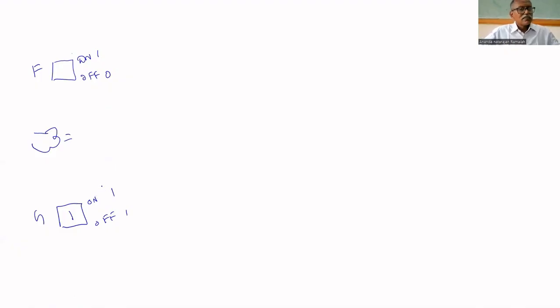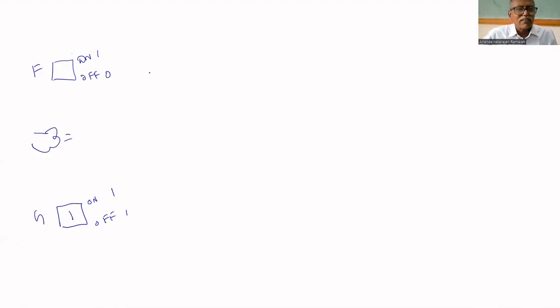Am I correct or not? Here it is in the off state, here it is in the on state, that's why the lamp is glowing. If you come here also and put it in the on state, the lamp will be turned off. The staircase switch will be like that. Here it is turned on, there it is off. There also if you turn it on, it is turned off.